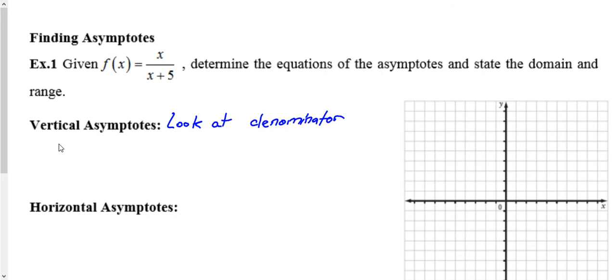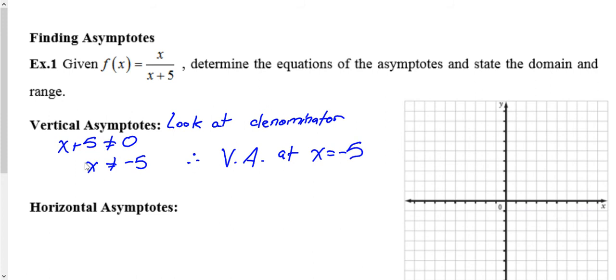Right now I have x plus 5, and all of that cannot equal 0 in the denominator. Moving the 5 to the other side, x cannot equal negative 5.